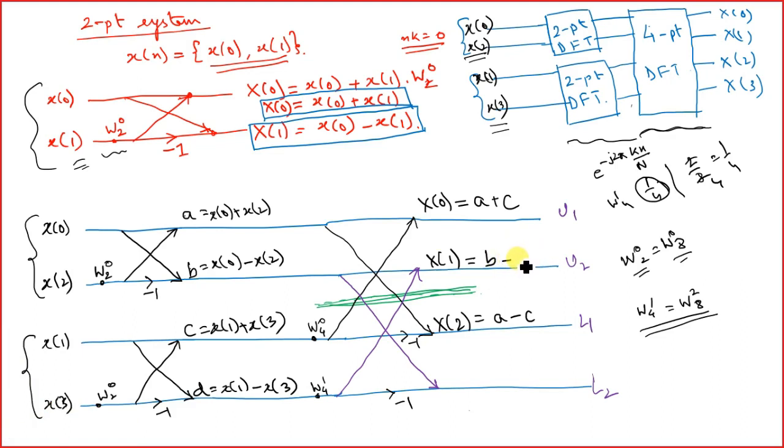So it would be D into minus j. So X1 would be B minus jD, whereas in the lower segment we'll be having X of 3. This would be, because of this minus 1, this will get changed, B plus jD. Okay, so this is for the 4-point FFT.